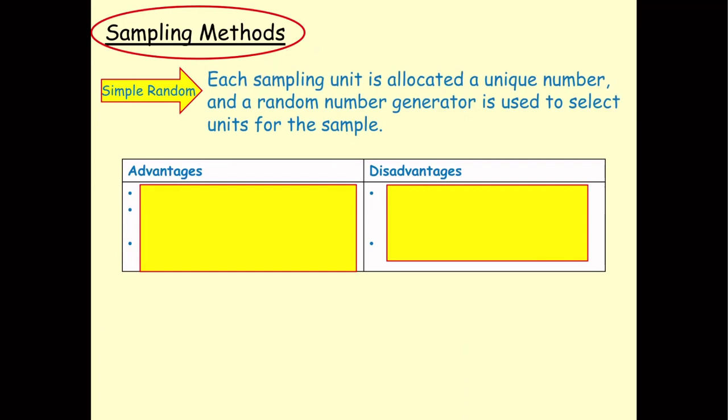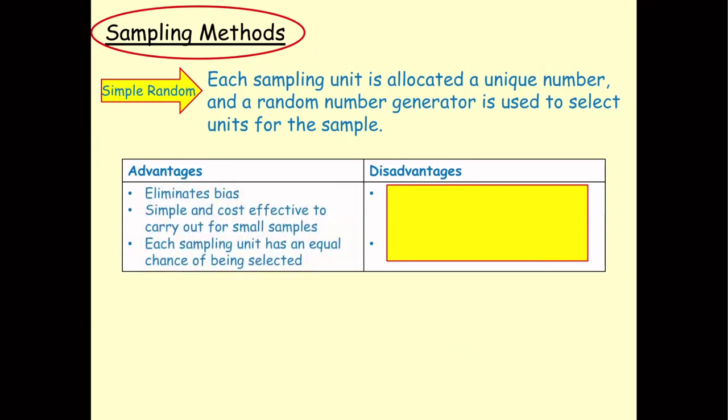We could use a random number generator on a calculator or on a computer. There's lots of random number generator software and websites out there. But essentially it's not a person choosing the numbers, it's a machine or a computer or a calculator. And that removes subjectivity from a human.